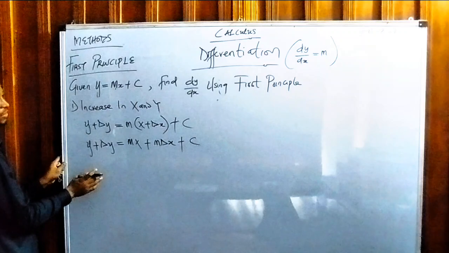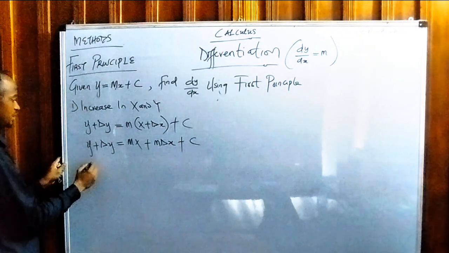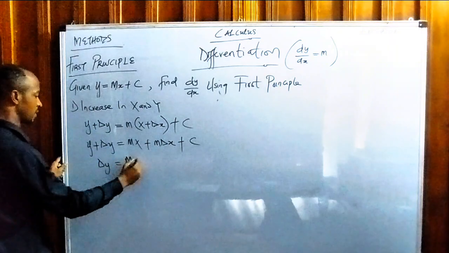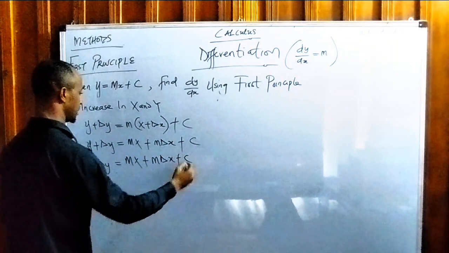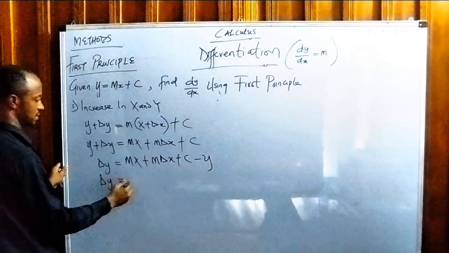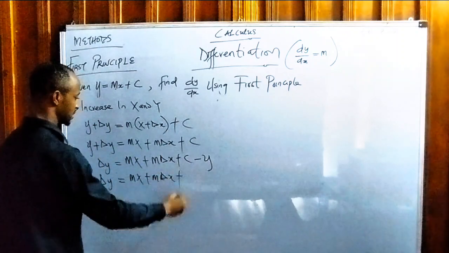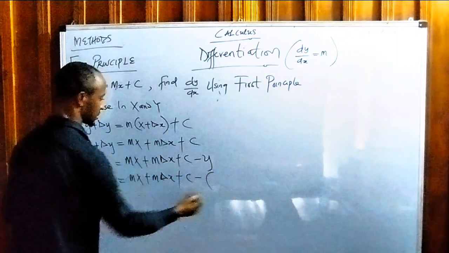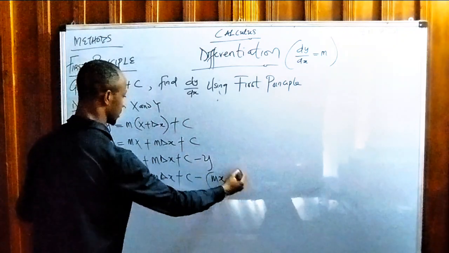Okay, so we have to move this y across to the other side. This will give us mx plus m delta x plus c minus y. Therefore, delta y equals mx plus m delta x plus c minus the value of y here, which is mx plus c.